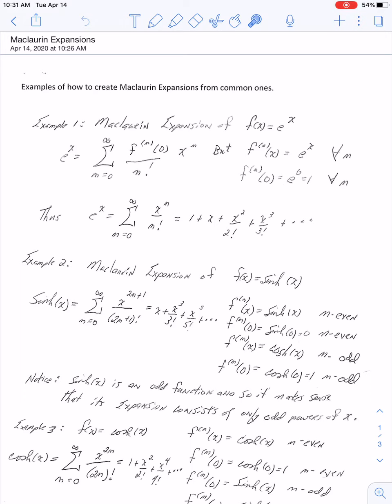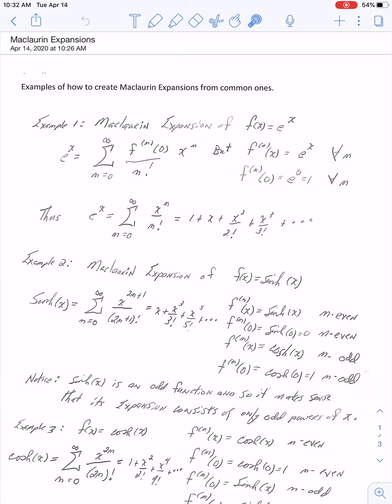All right, our second example is going to be the Maclaurin expansion for one of the hyperbolic functions, sinh x. So let's think about that. Again, this is the Maclaurin expansion, so all I need to do is figure out what f upper n at 0 is.